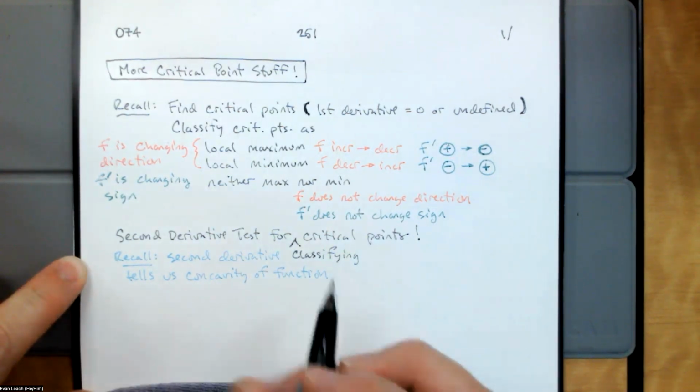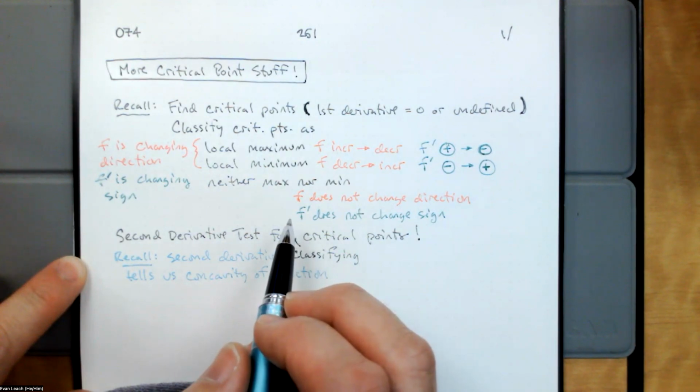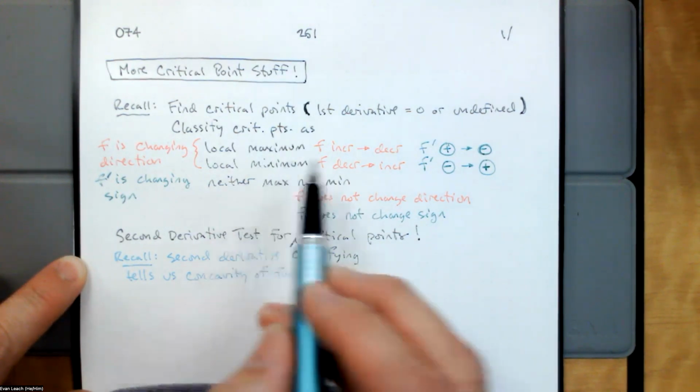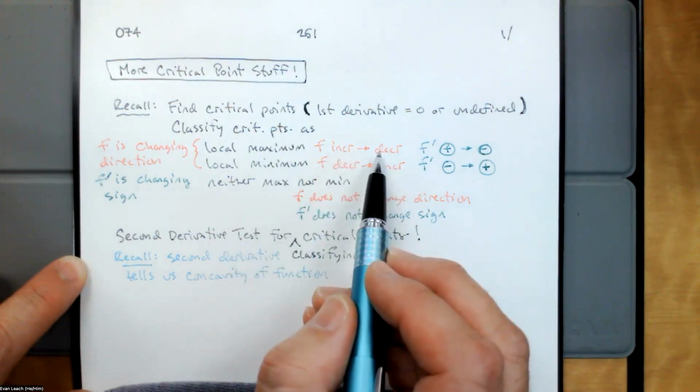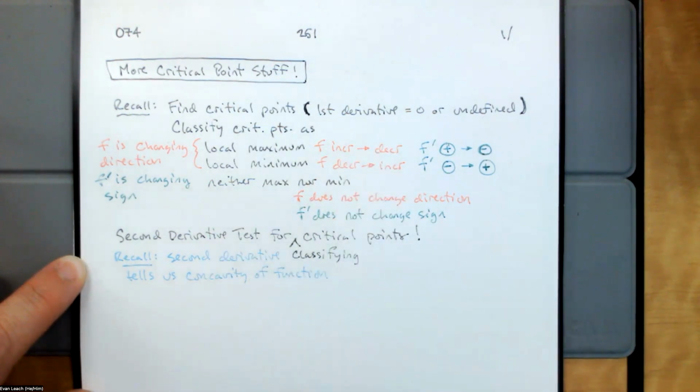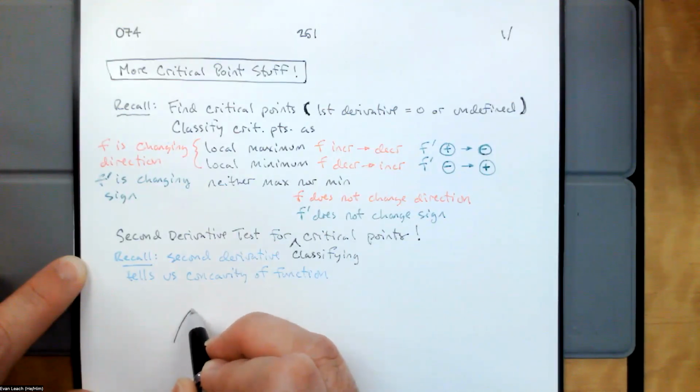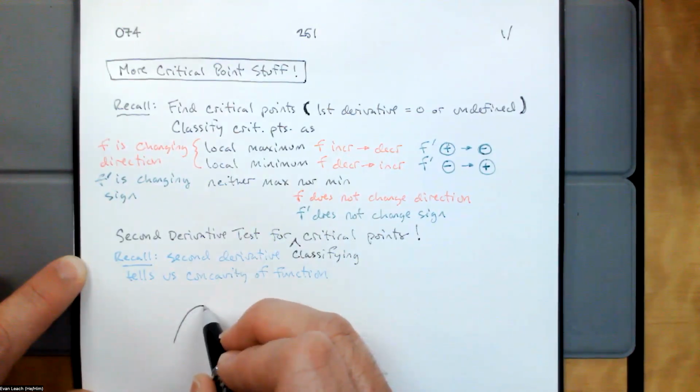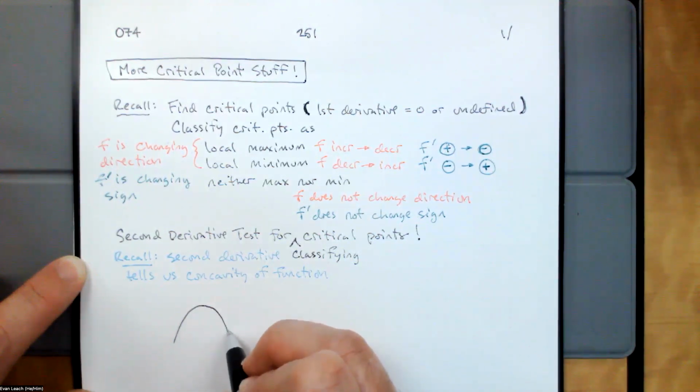So if f is changing from increasing to decreasing, so if a function is changing from increasing to decreasing, then we should be drawing a function that is concave down.